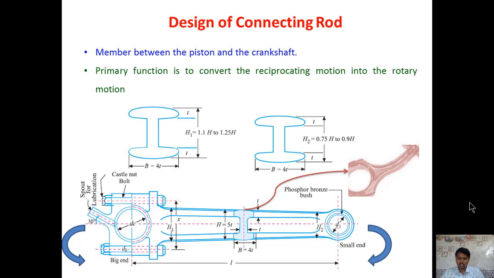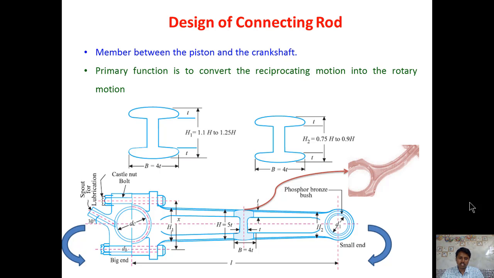Apart from this, we have another important criterion, that is the length of the connecting rod. Though the length of the connecting rod does not directly influence the stroke of the piston, because the stroke depends on the crank length, the ratio of the connecting rod length L to the crank radius R, this L by R ratio, affects the side thrust or side loading on the cylinder.